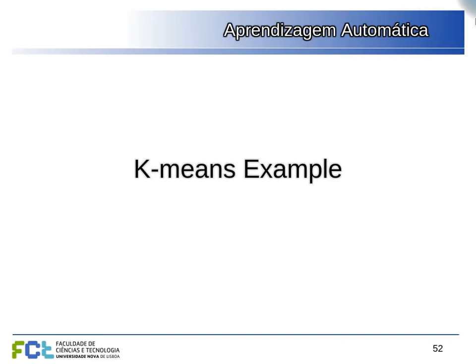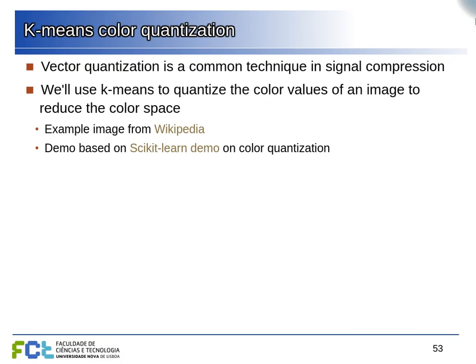So for now, I'm going to give just an example of an application of k-means. K-means is very used for vector quantization. In fact, this was the original application. And the idea in vector quantization is to compress or simplify the representation of a vector of continuous values into discrete steps.